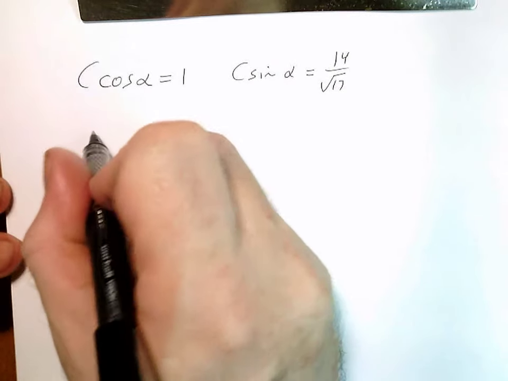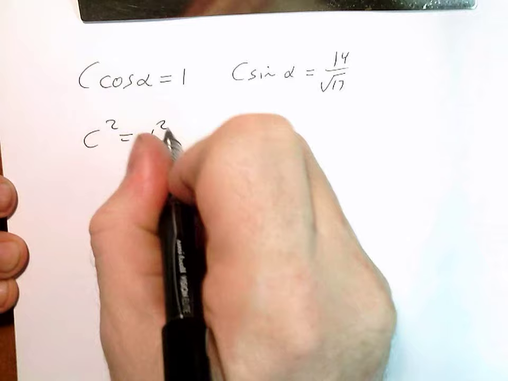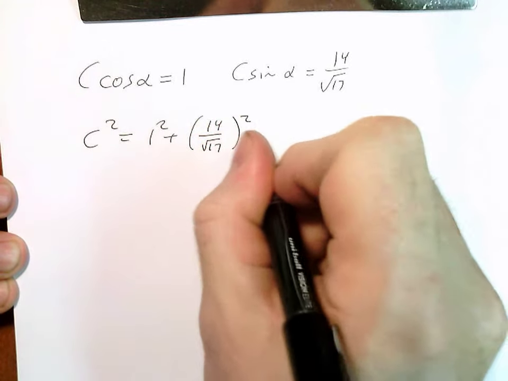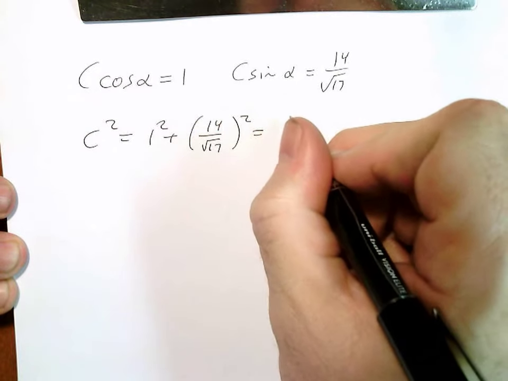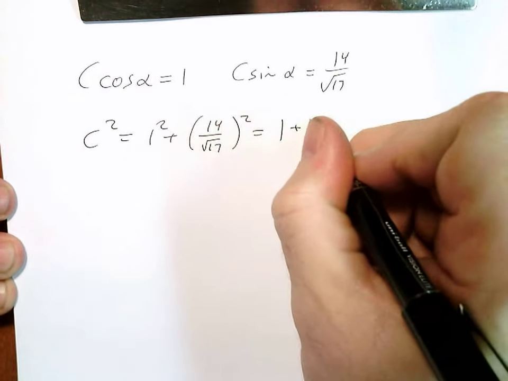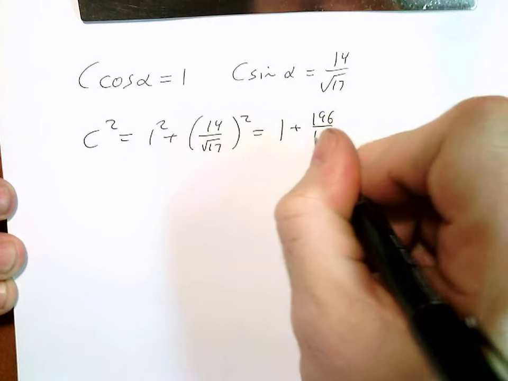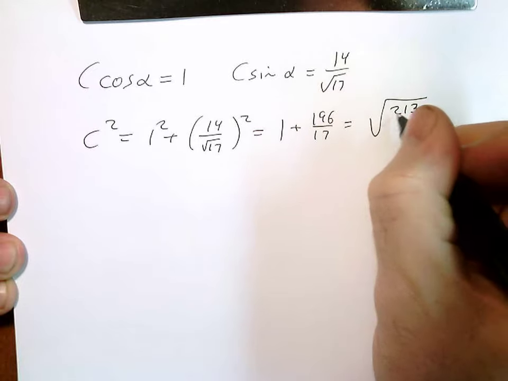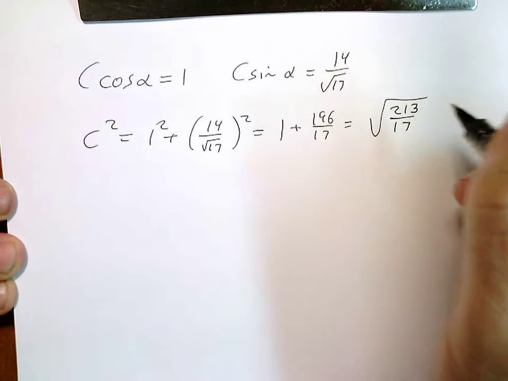So that's going to give us c squared is 1 squared plus 14 over square root of 17 squared. So this is what? 1 plus 196 over 17, or square root of 213 over 17.